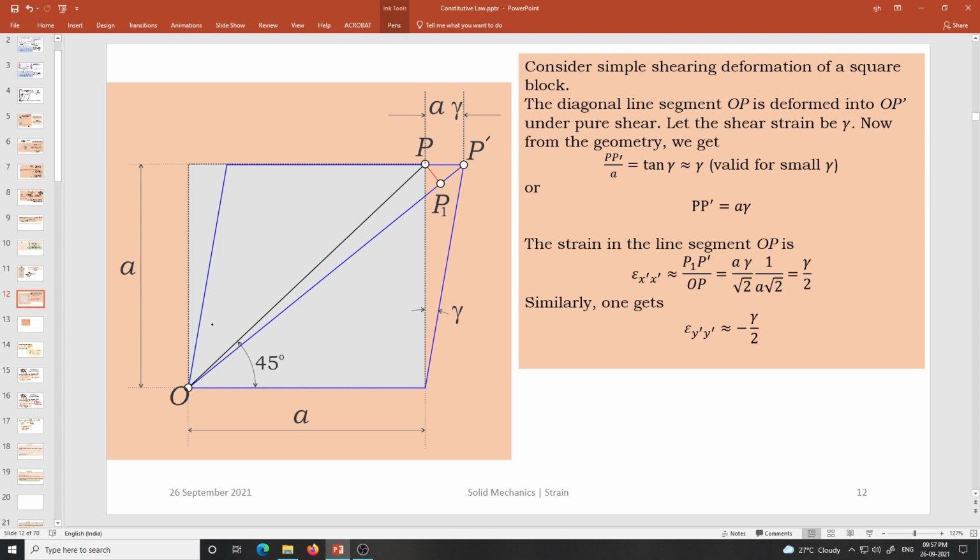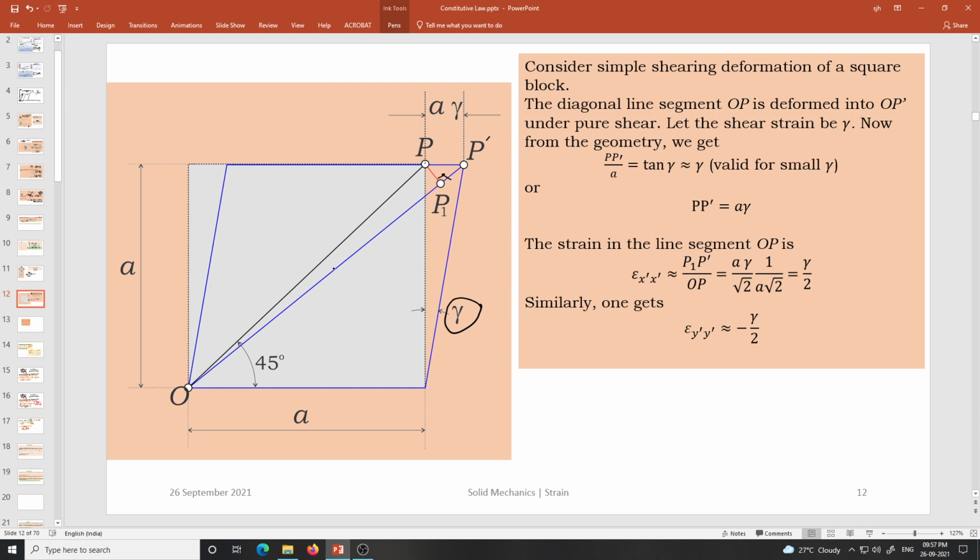This deviation from the 90-degree angle is the measure of shear angle, we all know. It is very small, that's why we are just considering a small right-angle triangle, by rotating OP by phi bar such that P coincides with P1. That means this red line is orthogonal to OP prime.